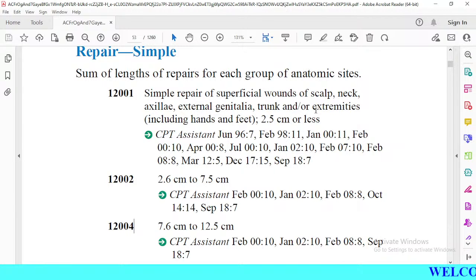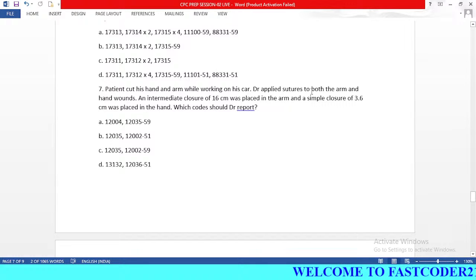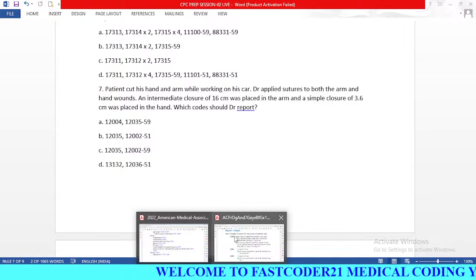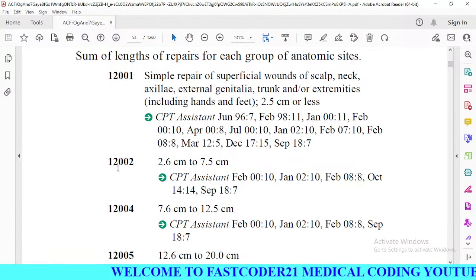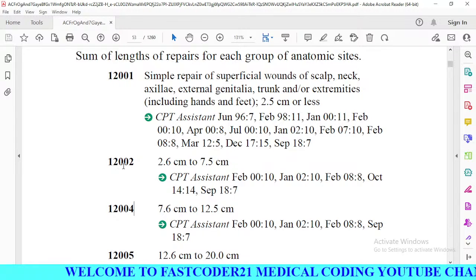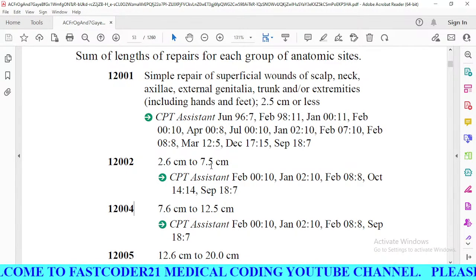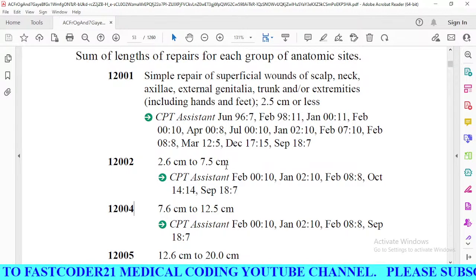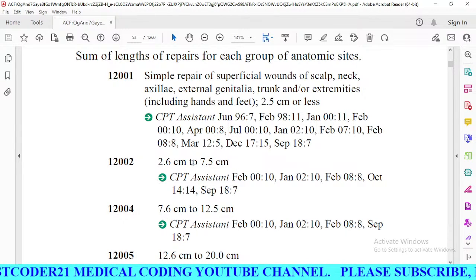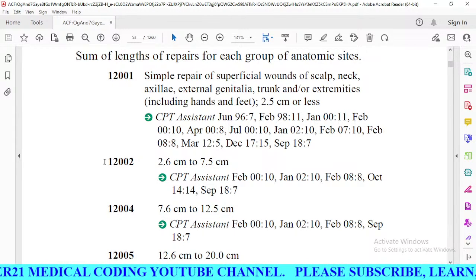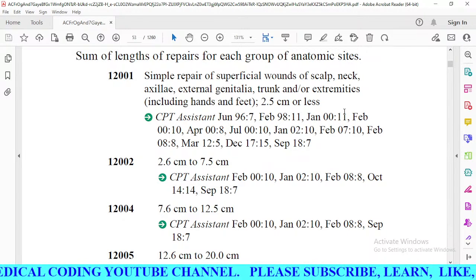See here, extremities and hands are included. The dimension of the simple repair is 3.6 centimeters. 12002 is 2.6 to 7.5 centimeters, and ours is only 3.6 centimeters, so we can code 12002 for the simple repair.